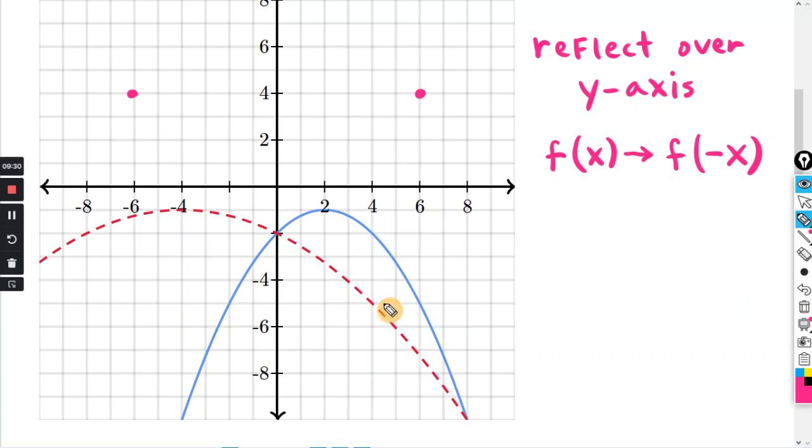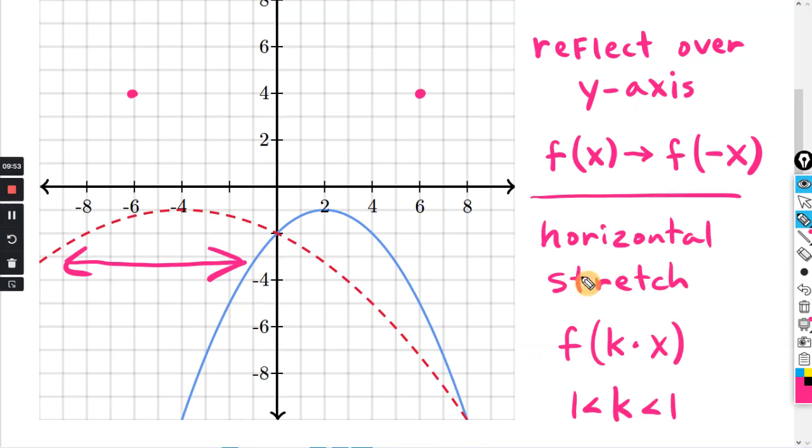and it reflects over the y-axis. Now, the other characteristic of this dotted graph, if you see this one in blue here compared to the dotted graph in red, this one in red is actually stretched horizontally. And recall, for the horizontal stretch, the x's are multiplied by a constant k, okay?